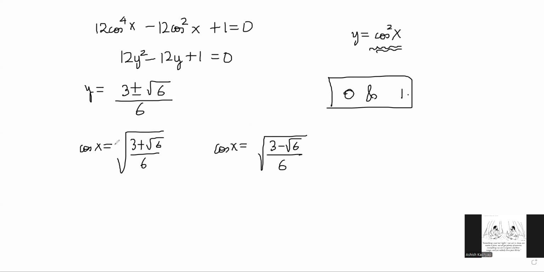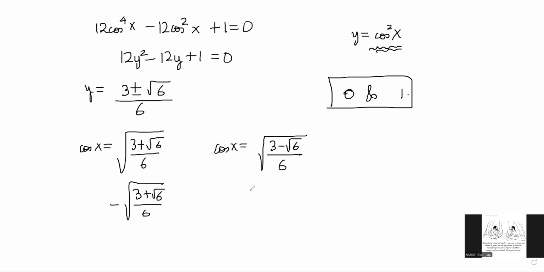When you take a root, you can do a plus minus. So there are actually 4 possibilities, right? Yes, sir. There will be 4 possibilities. After that, you will just say the general solution will be cos inverse, 2n pi plus minus and all, right? Sir. So that is not an issue. There are 4 solutions.